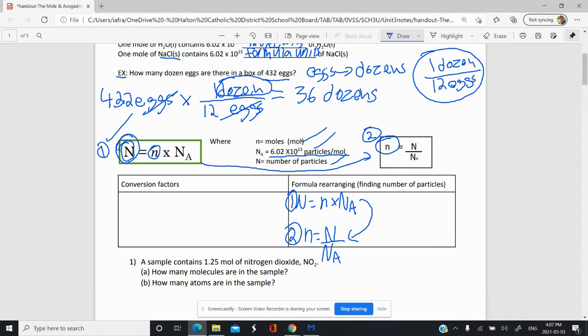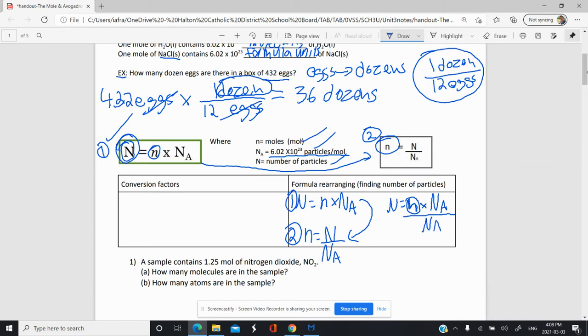So what we do is we look at the first formula, big N is equal to little n times NA. And you look at the variable you want to isolate, it's little n over here. Right now you'll notice it is multiplied by Avogadro's number. So I'm going to unmultiply it by Avogadro's number. What's the opposite of multiplying? Well, it's division.